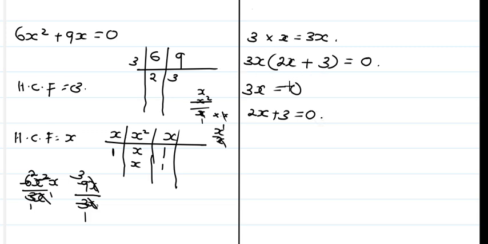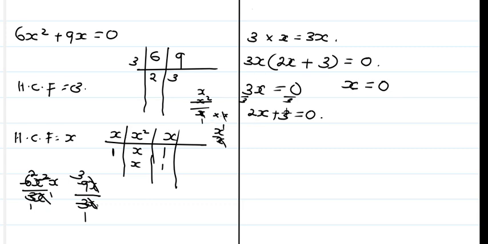To get the value of x here, I divide both sides by 3. So x equals 0 divided by 3, which is just 0. So the first x is 0.